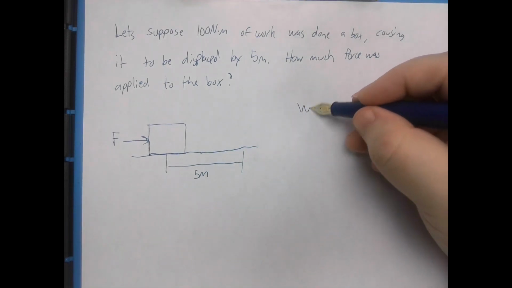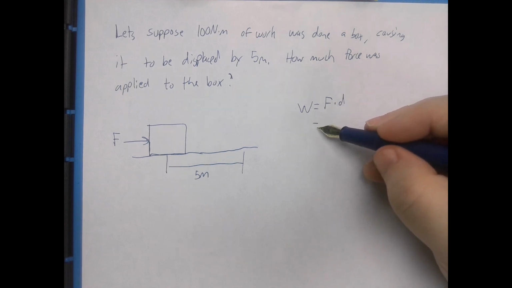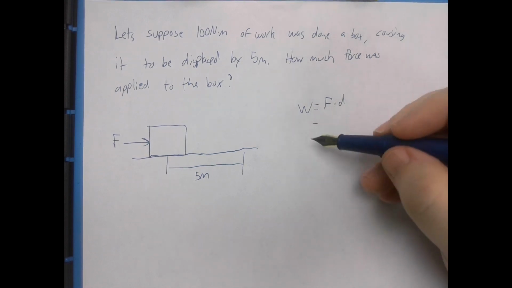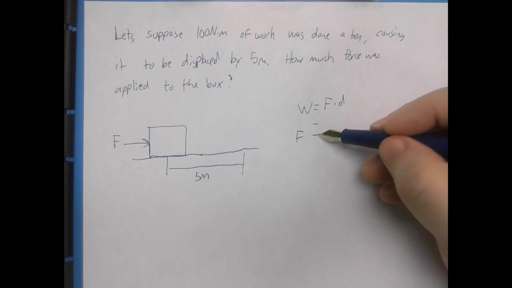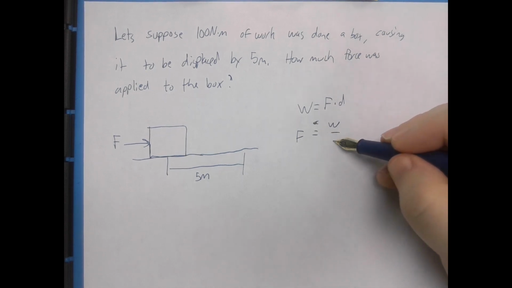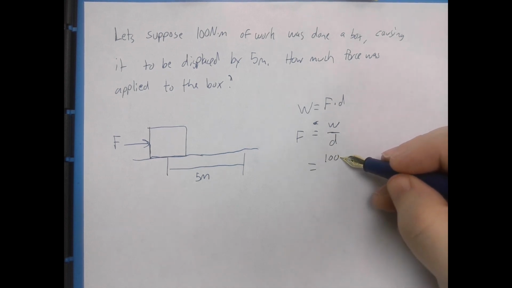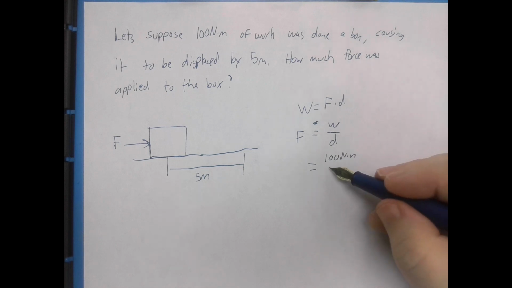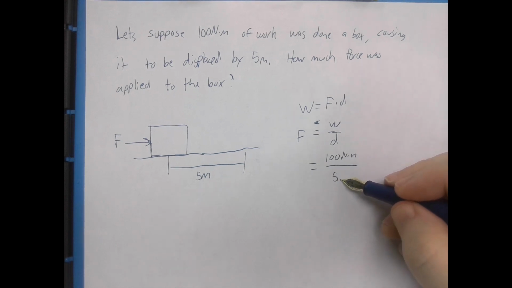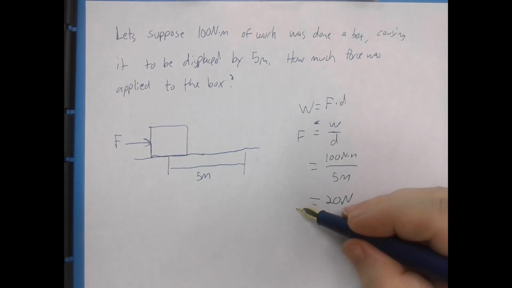We know that work is equal to F times D, so force is equal to work divided by displacement. We were given 100 Newton meters of work over a distance of 5 meters, which means we applied 20 newtons of force.